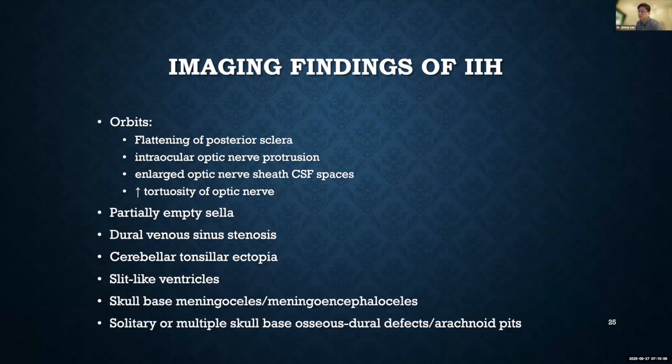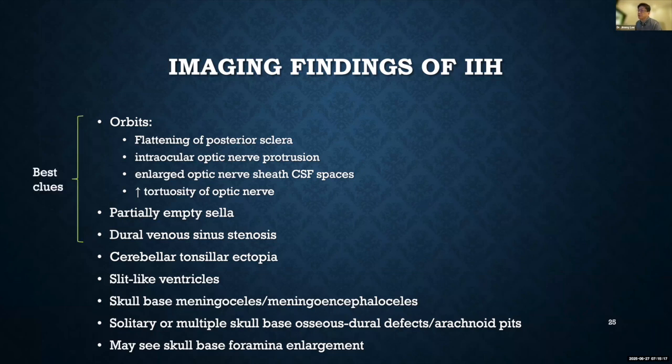You can also get multiple or solitary skull-base defects called arachnoid pits. And sometimes the skull-base foramen might be even enlarged. So these are the best clues, the orbit, partially empty sella, and venous sinus stenosis. Slit-like ventricles is classical, but you don't see that often.